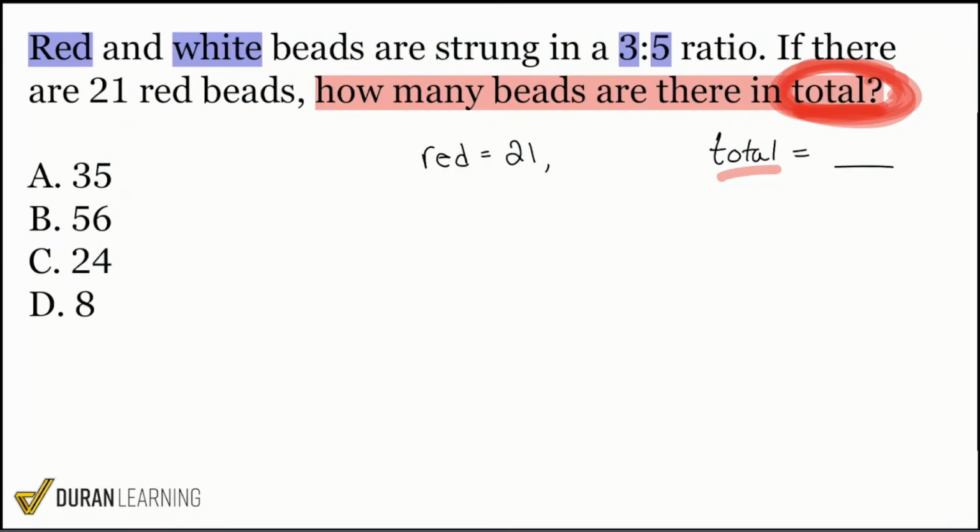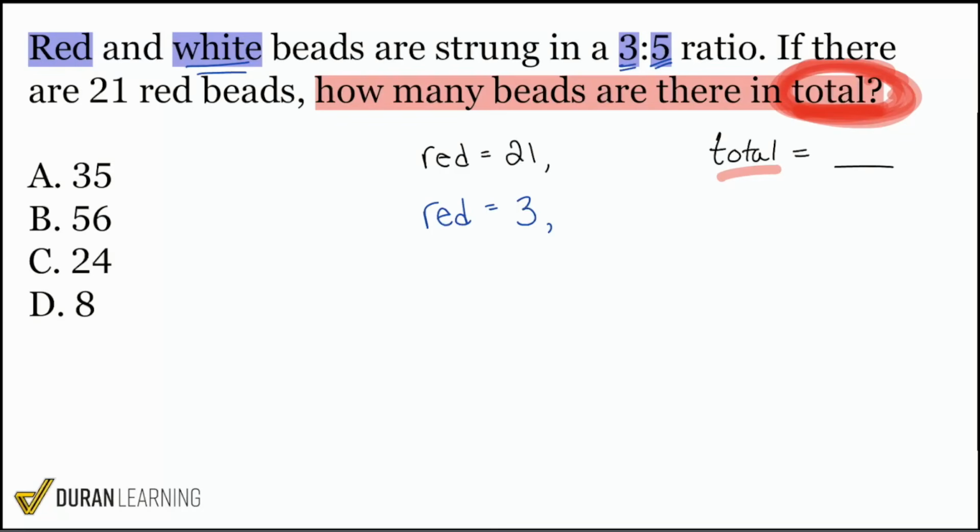So what that means for us, friends, is that red was the first thing listed, 3 was the first number listed, so that'll be 3 right here. Then, for white, the second value listed and the second number listed here refers to 5.